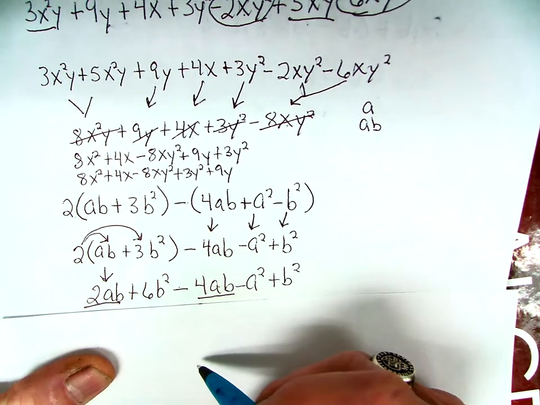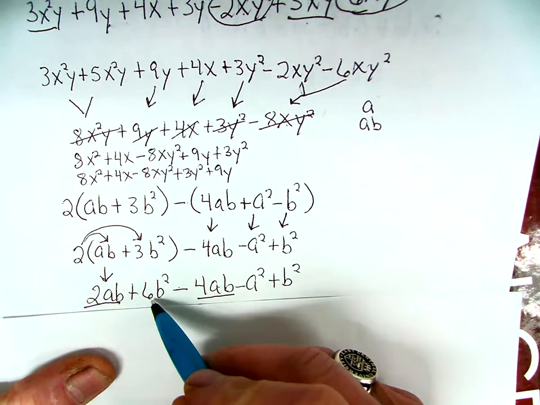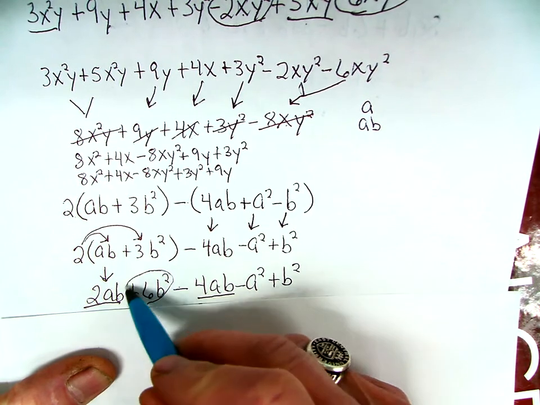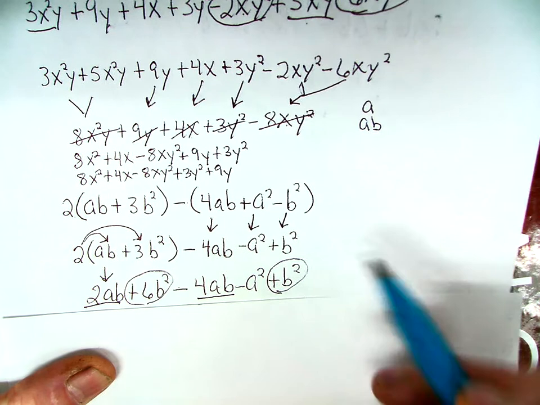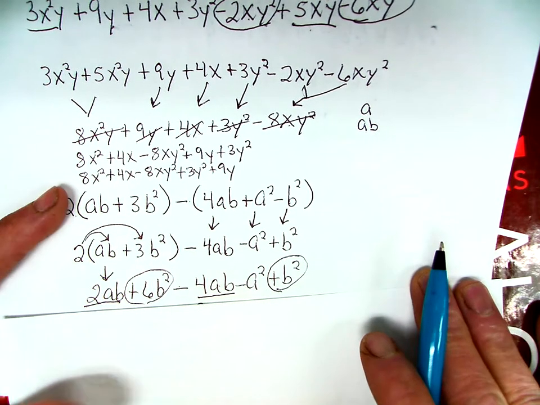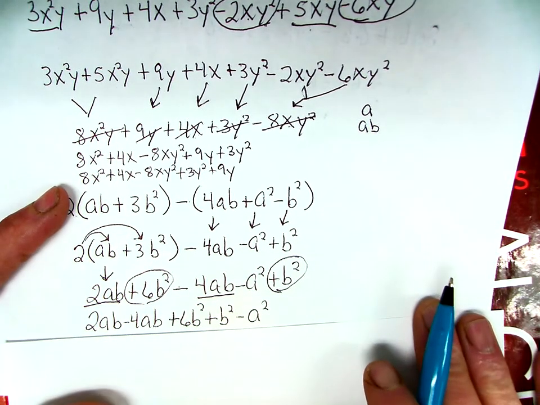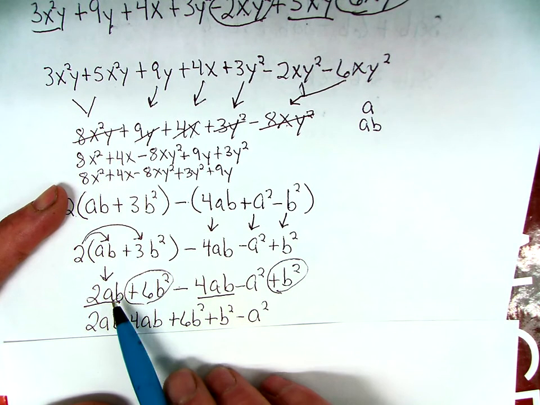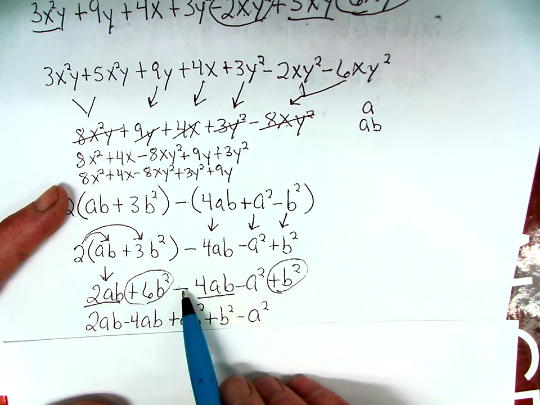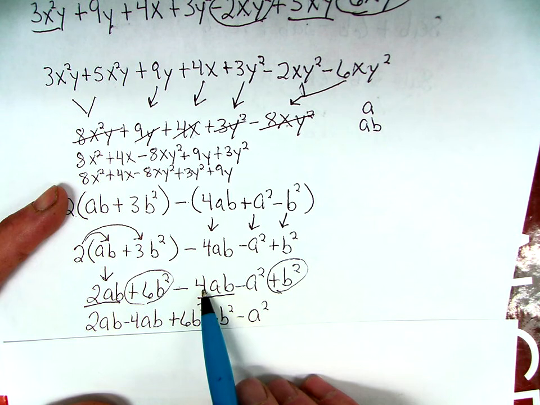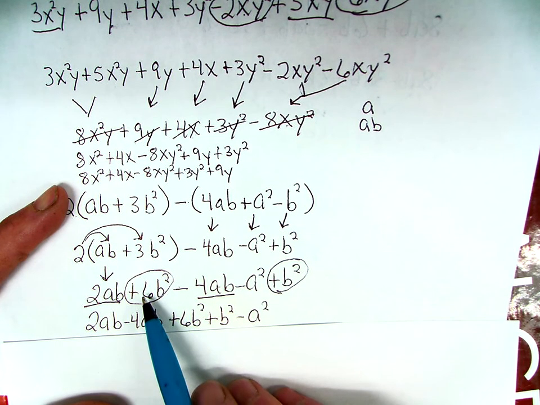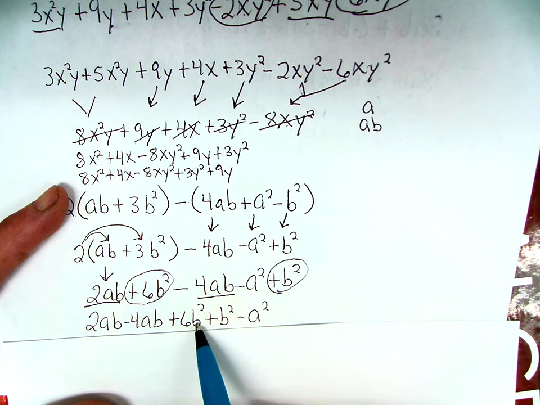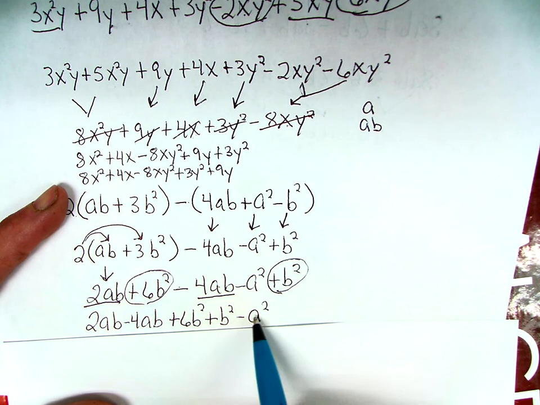They are like terms. Here's a b squared, and here are more b squareds, so I'm going to circle those. Now I write them next to each other: 2ab minus, don't forget to take that minus sign with the 4ab, minus 4ab, then plus 6b squared plus b squared minus a squared.